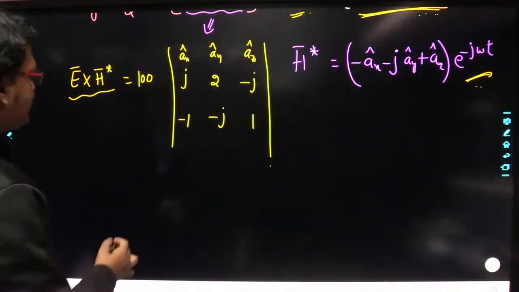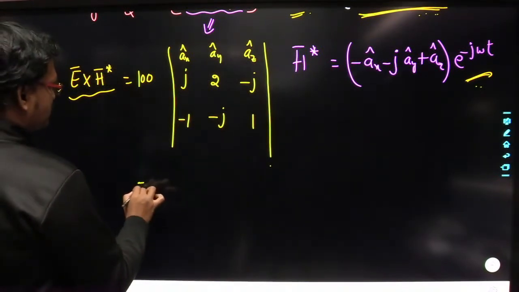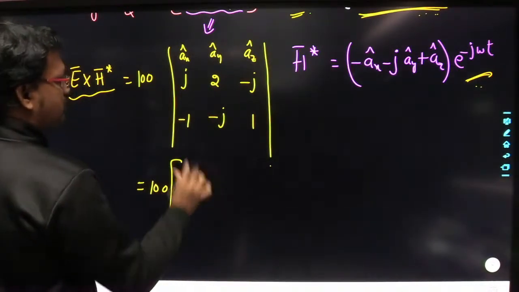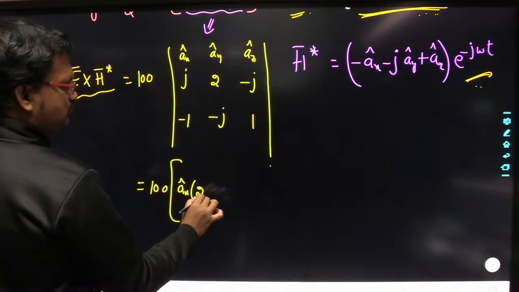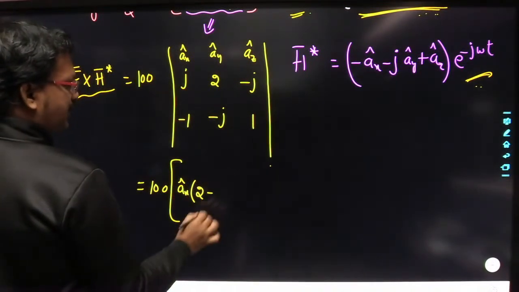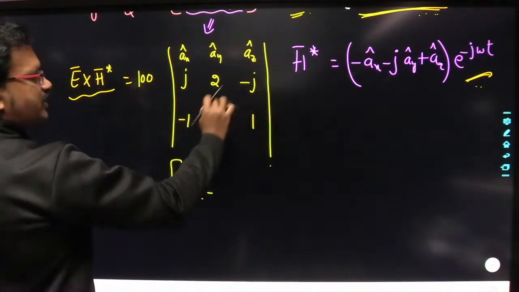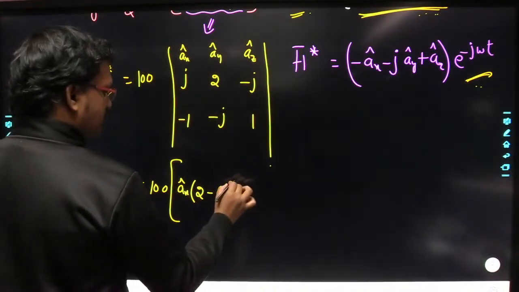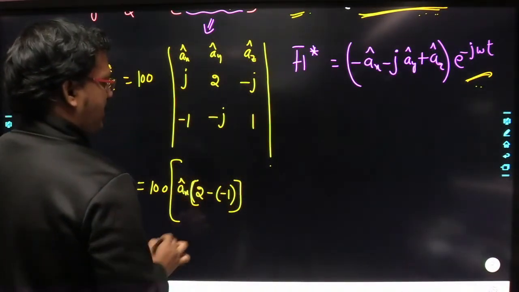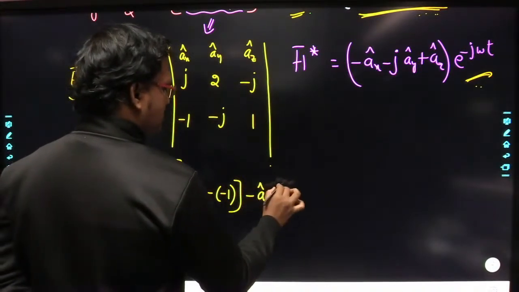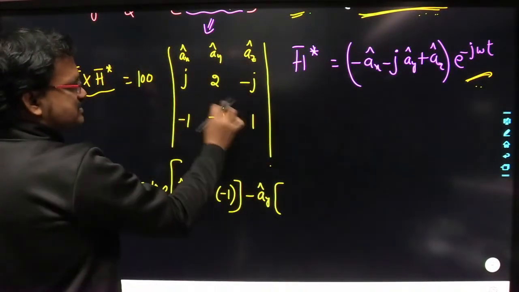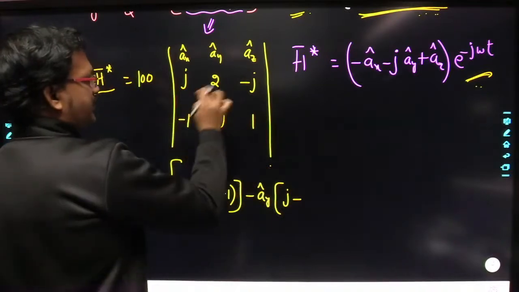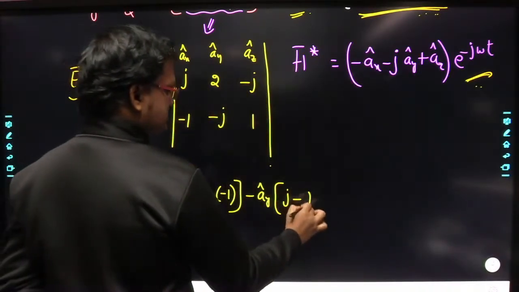So tell me what you are getting here for E bar cross H bar conjugate. 100 into, ax cap into 2 minus of minus into minus, which becomes plus j square, and j square means minus 1, so you are going to get minus 1 here. So this is the ax cap component. Next, minus ay cap, and the y component becomes 0.